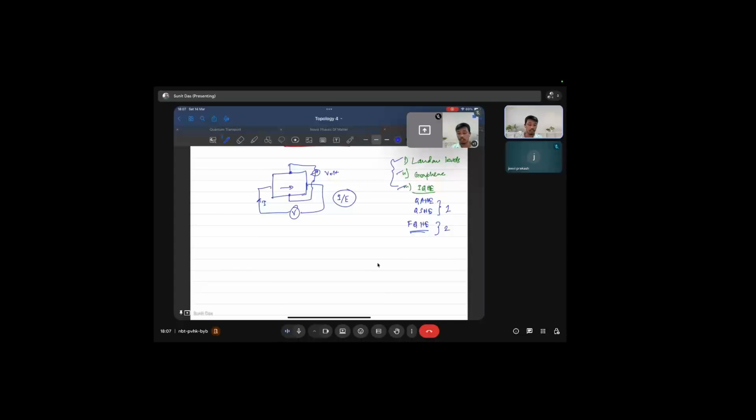Now in a trivial insulator, you will get very high resistance, because the voltage will be very high since V equals IR. So the resistance is absolutely high.